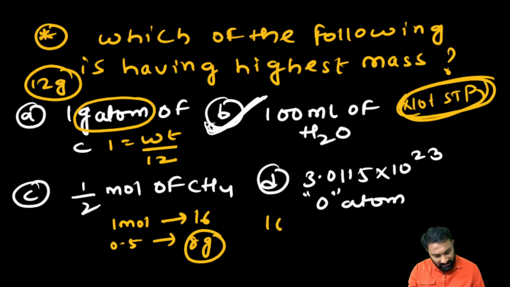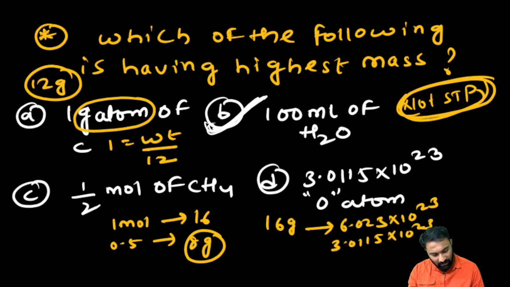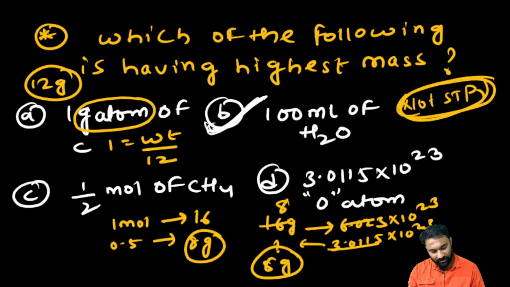See, 16 gram of oxygen contains 6.023 into 10 to the power 23 atoms. Then 3.0115 into 10 to the power 22 atoms contain how much weight? If you cross multiply, this one will become 2 and here it will become 8. So 8 grams will be present in this one.